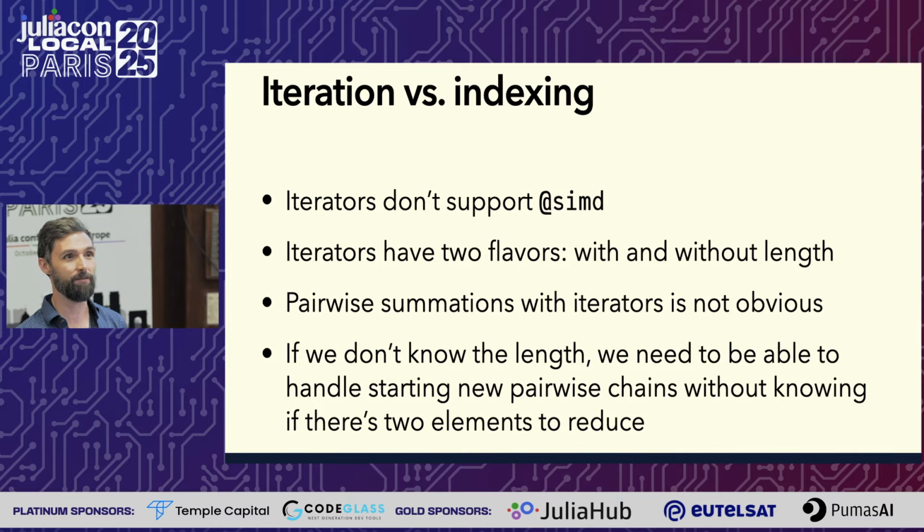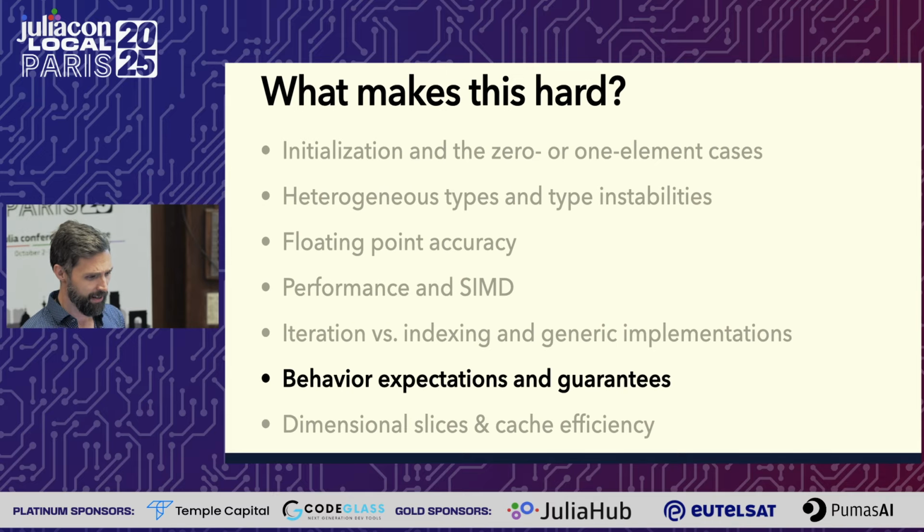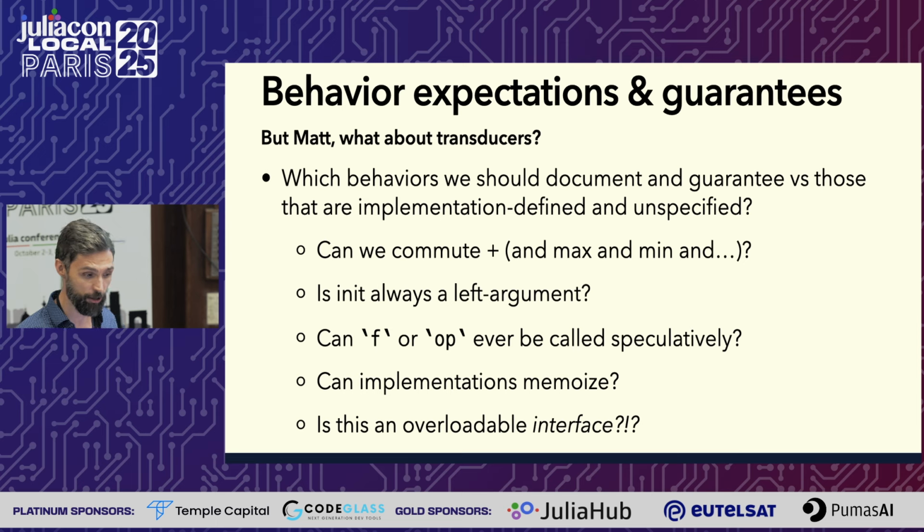So you need to peek ahead on an iterator, which is also an operation that's annoying and challenging to do with performance in Julia. So that's hard. There's also all sorts of complexities around all the things that people expect out of a reduction and the guarantees that we should or maybe should not provide.